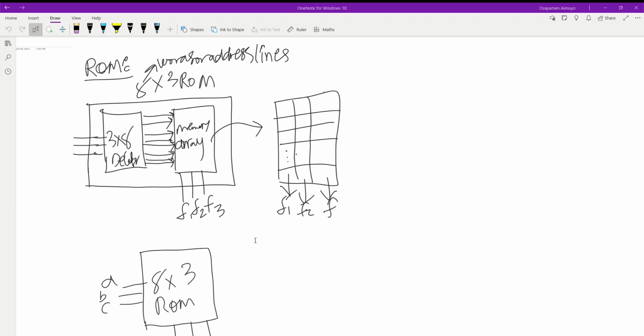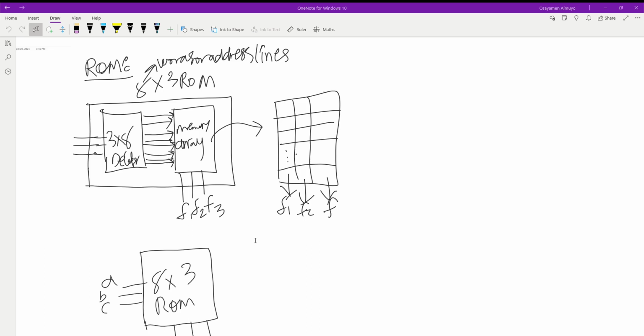Now, a ROM is also a universal component, like the 2 by 1, the NAND, and the NOR.